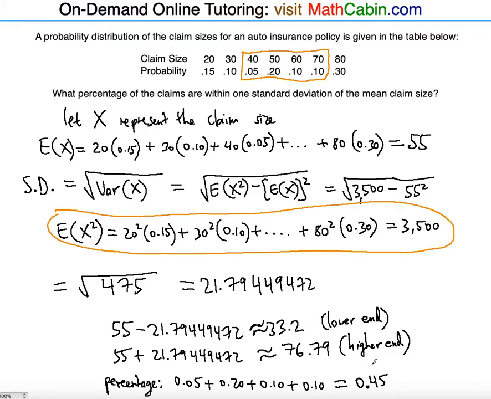So in the actual question, you would get a multiple choice, and they would give you percentages in each answer choice that you can pick. Right? So the correct answer choice that you would see in the multiple choice would be 45%. That would be the percentage of the claims that are within one standard deviation of the mean claim size.